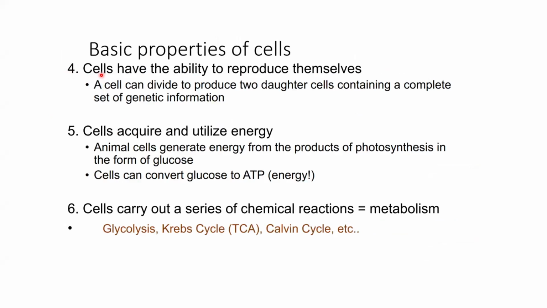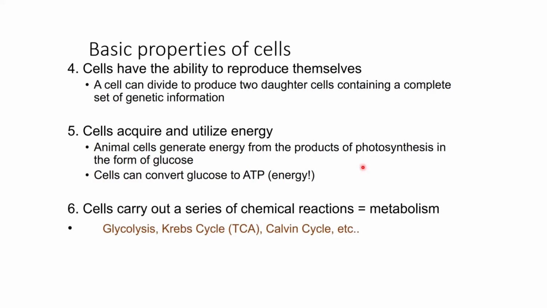And then cells have the ability to reproduce themselves. A cell can divide to produce two daughter cells containing a complete set of genetic information. So again, going back to the fact that at the end of the day, we all descend from one single cell. Not just we as humans, in terms of me, before I was born, I descended from one single cell that developed.